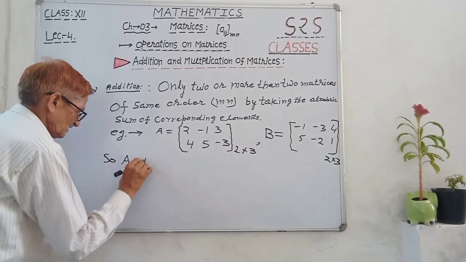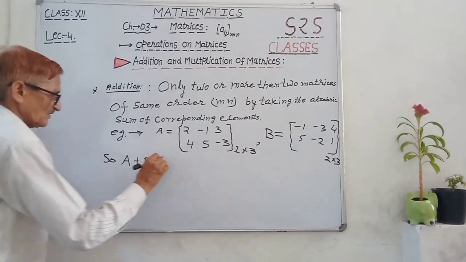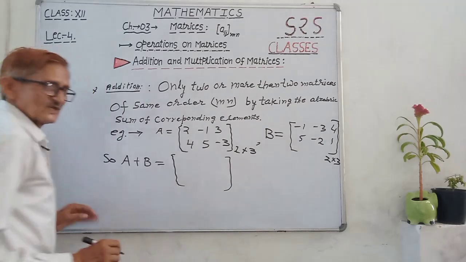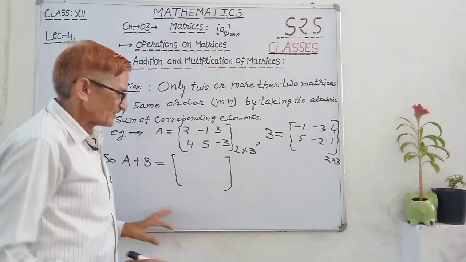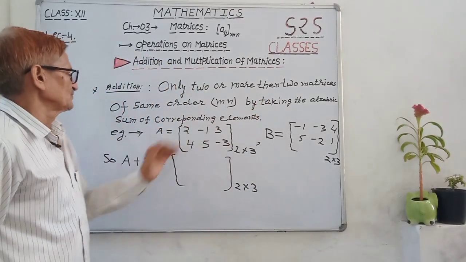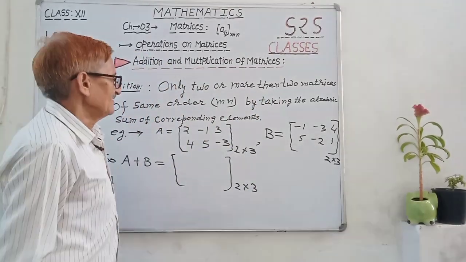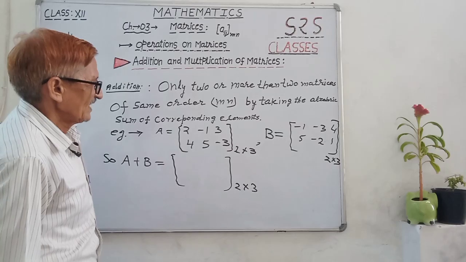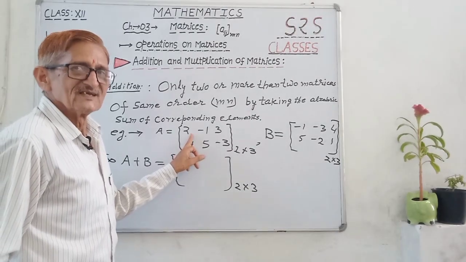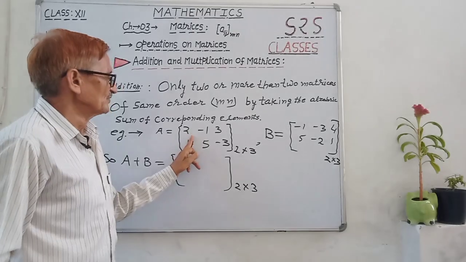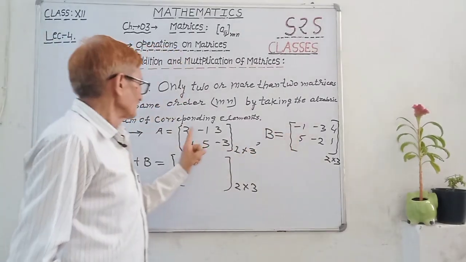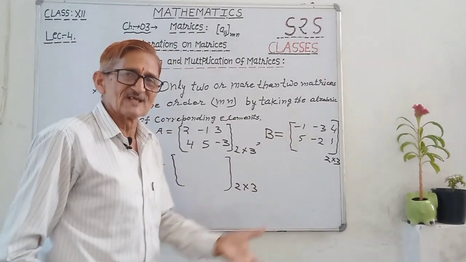So, A plus B will be equal to the matrix of the same order by taking the corresponding elements sum, algebraic sum. So corresponding element A matrix A11 to B matrix B11, minus 1, 2 and minus 1 algebraic sum.